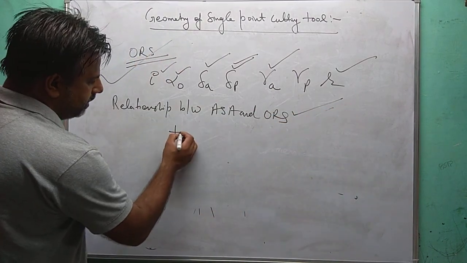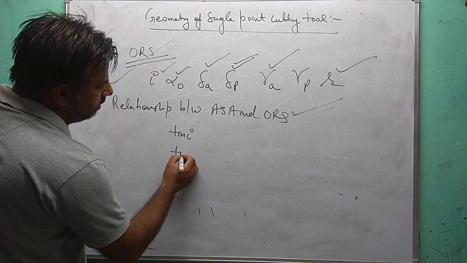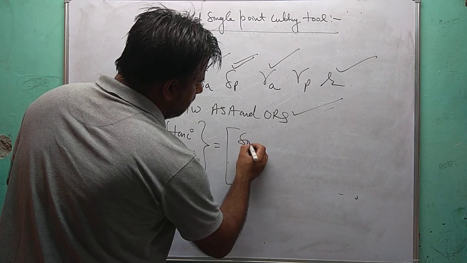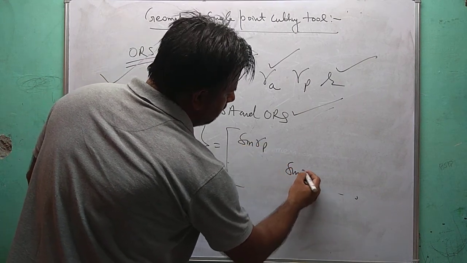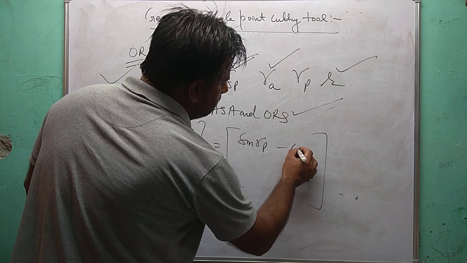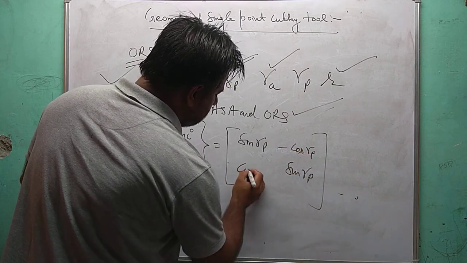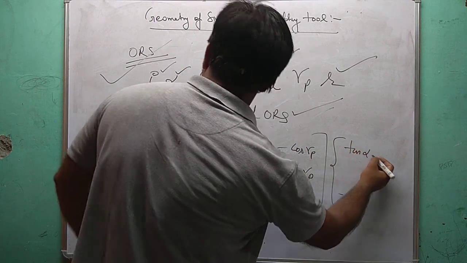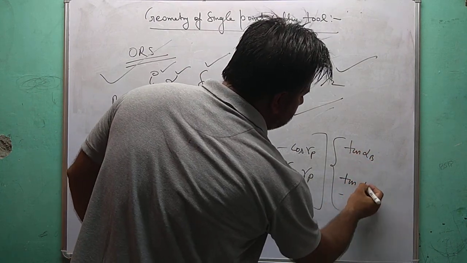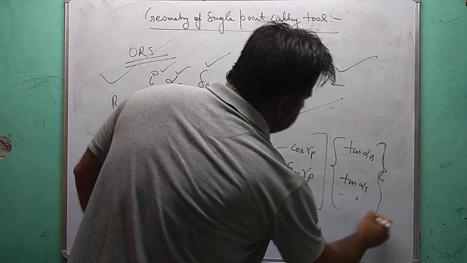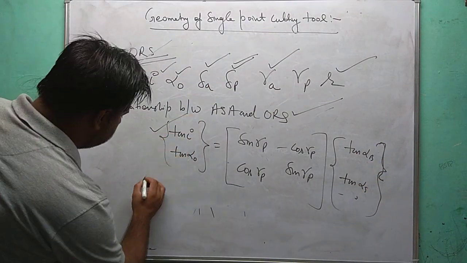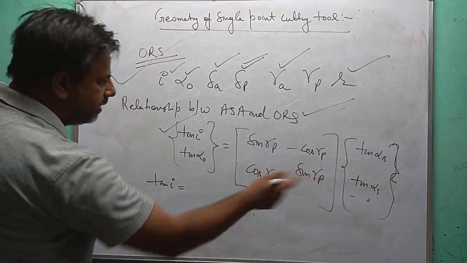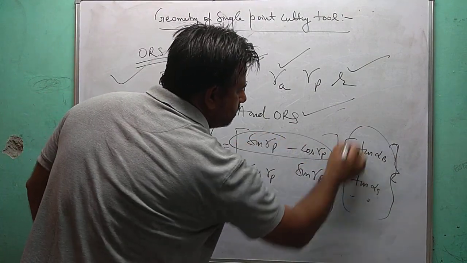We have a matrix like this: tan i, tan orthogonal rake equals the matrix with sin gamma p, minus cos gamma p, and cos gamma p, operating on tan alpha back rake angle and tan alpha s. From here you may get the relationship between inclination angle and the principal cutting edge angle, back rake angle or side angle. So this is my row and this is the column.